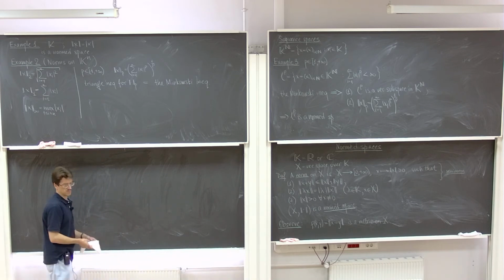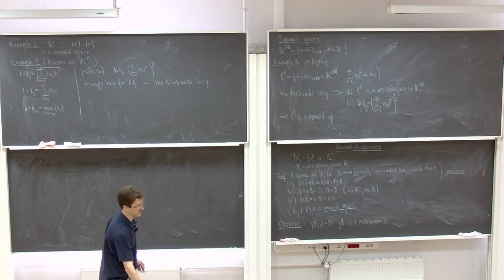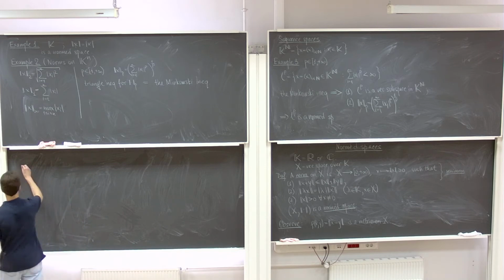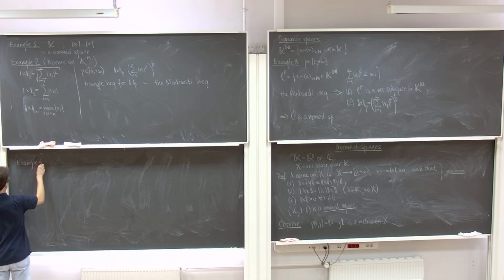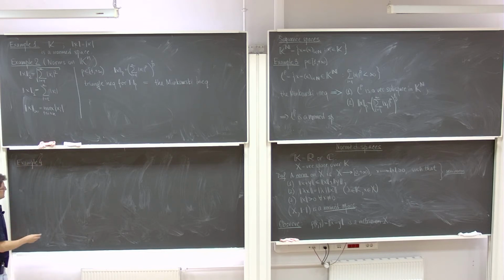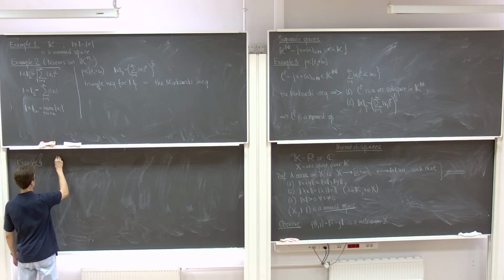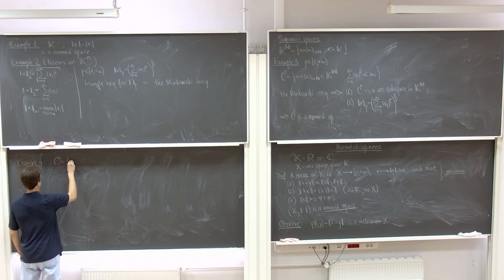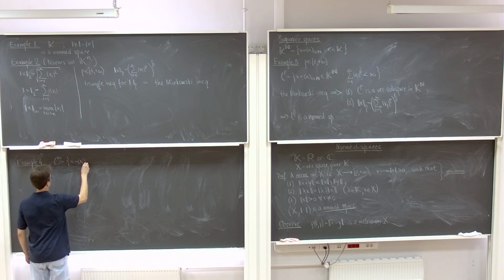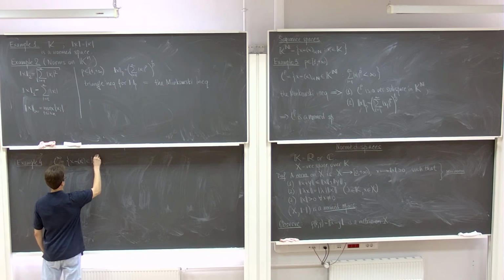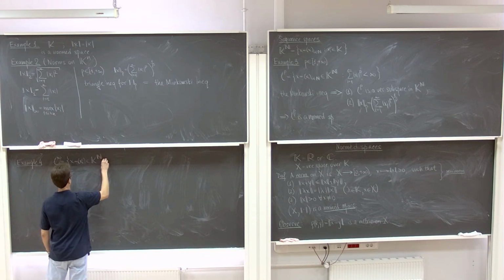Another natural example of a normed sequence space is the space of all bounded sequences. This is example 4. The space of all bounded sequences is denoted by little l infinity. This is the space of those K-valued sequences which are bounded.